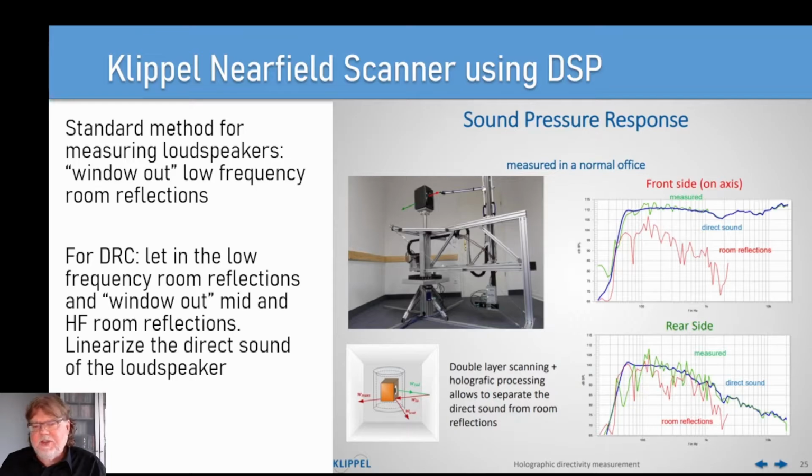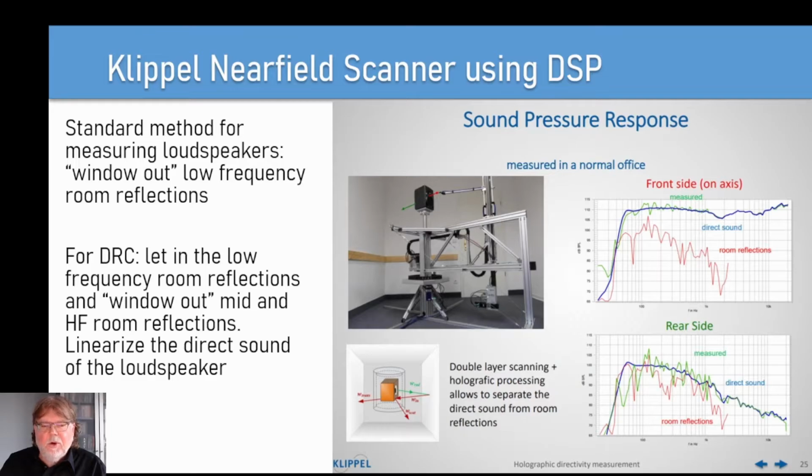Here we have some examples of that where we can see what the direct sound is and what the room reflections are. And so when we measure the loudspeaker at all the different angles, we can window out the room reflections. Now, in the case of digital room correction, it's somewhat the opposite as far as low frequency is concerned. We want to have both the loudspeaker and the room come into the measurement, and then as we move up in frequency to the mid-range and the high frequencies, we actually want to window out the room reflections.